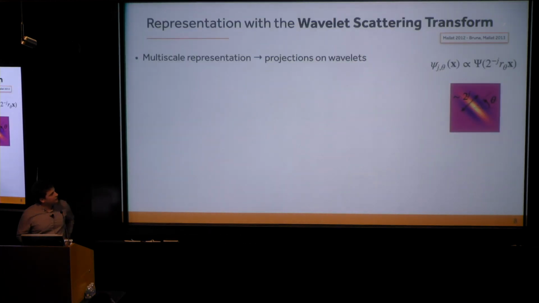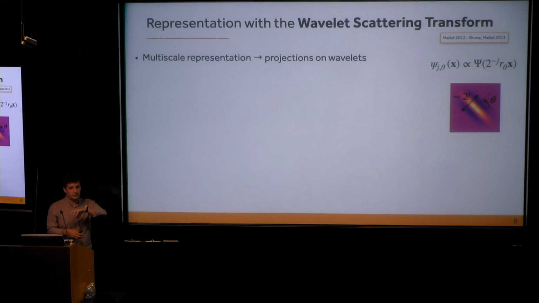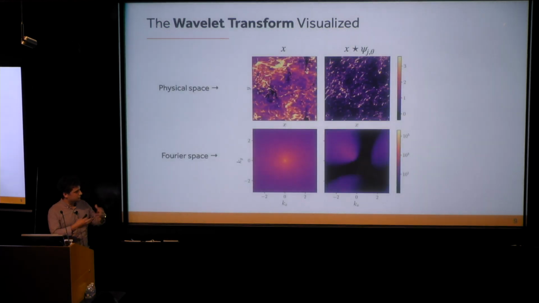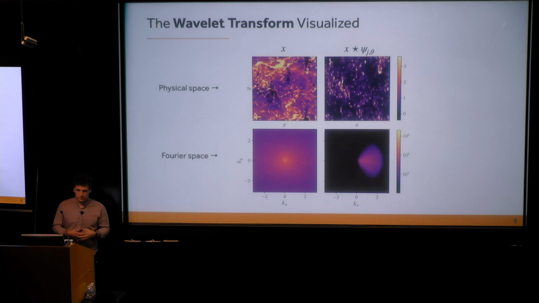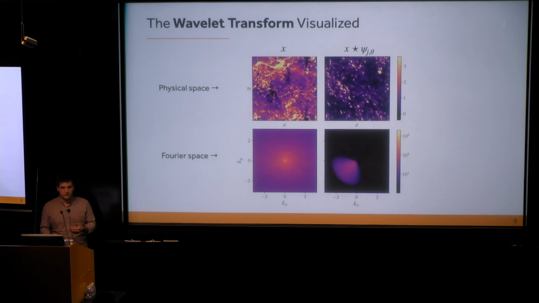The way we do that is that we first start with a collection of wavelets that allow you to probe every oriented scale in your data. So you make sure that you have some discretization for J and theta that cover the whole Fourier space to decompose your data in a reversible way.